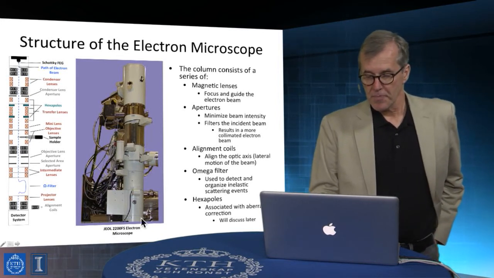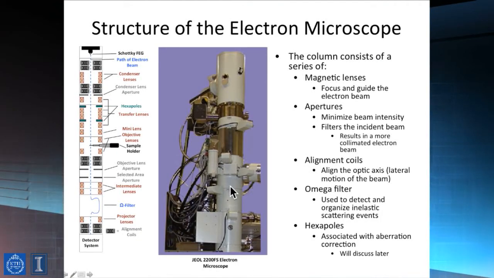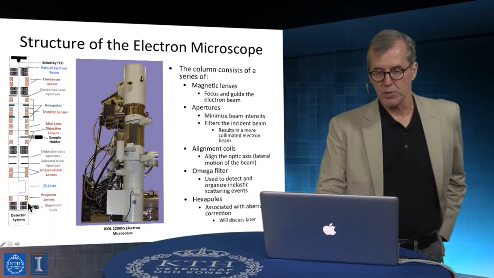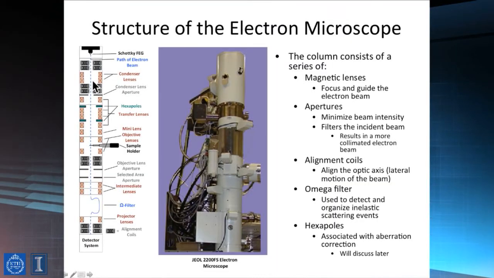So this is the column of a particular microscope that actually contains a number of very advanced components that make it possible to do atomic resolution imaging. So it's a very high quality electron gun that's basically up here at the top, a number of lens systems, places where the samples come in, detectors that allow energy discrimination, and finally detectors that allow you to do the collection of an image as well.